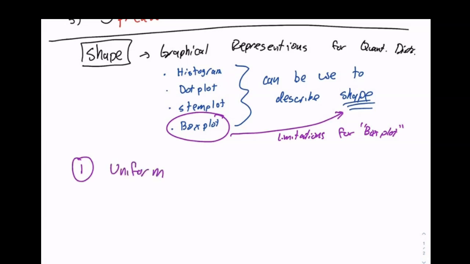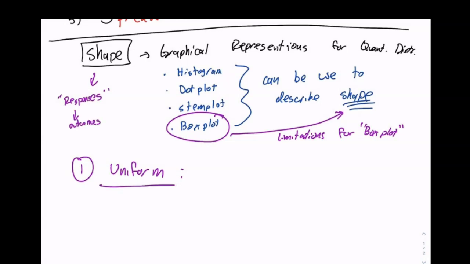Uniform distributions. A uniform distribution is, so all of these, sorry, when we talk about these, we're talking about the responses. So in this case, the responses are outcomes.